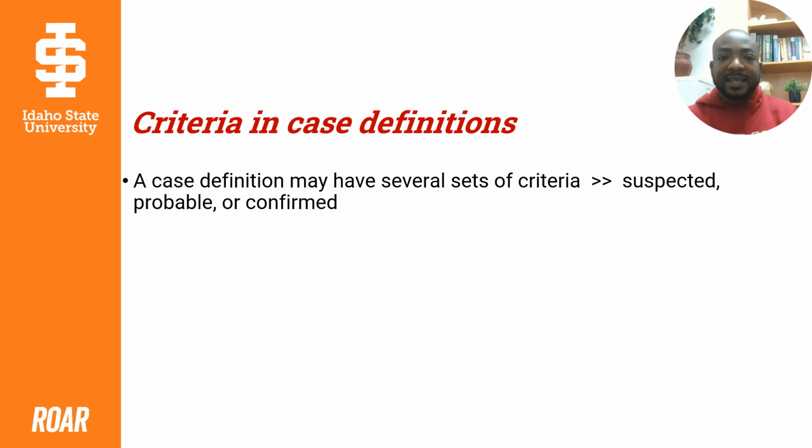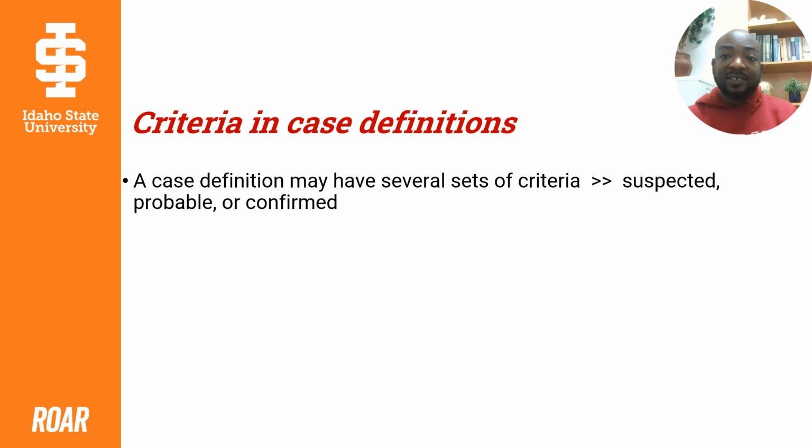And so a case definition may have several sets of criteria depending on how certain the diagnosis is. For example, during an investigation of a possible case or outbreak of measles, a person with a fever and a rash might be classified as being suspected, probable, or a confirmed case of measles, depending on what evidence for measles is present.